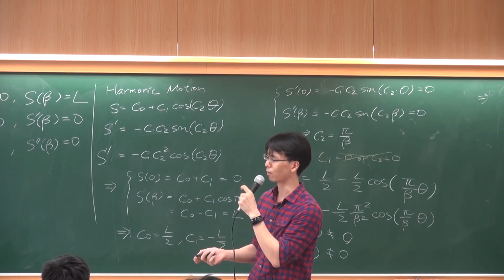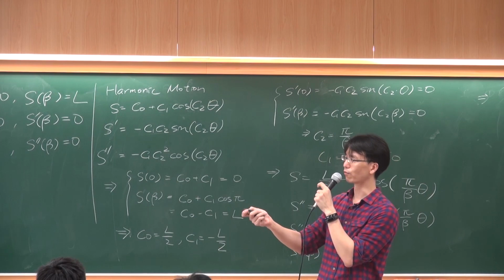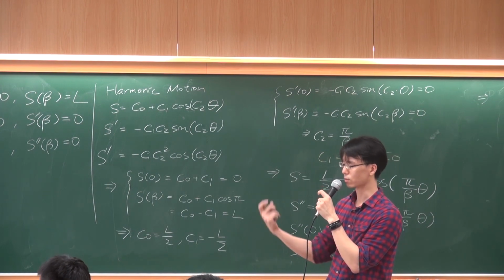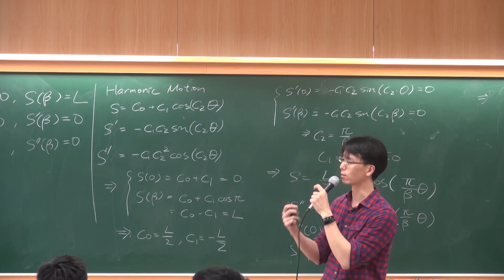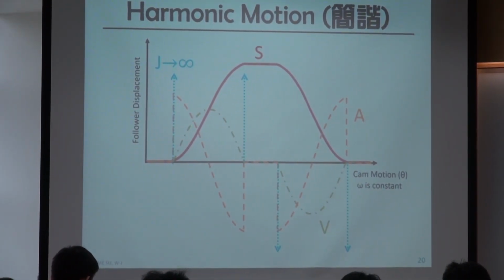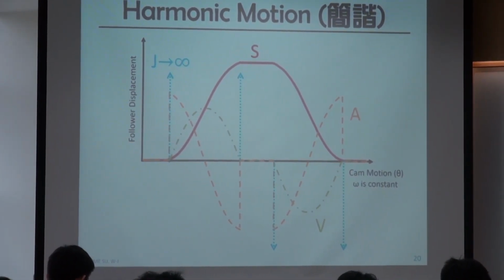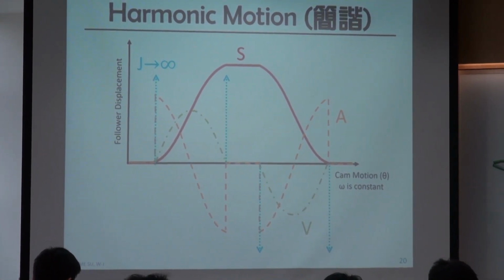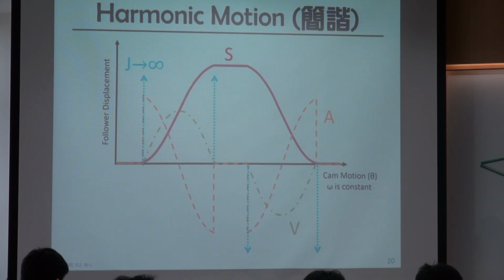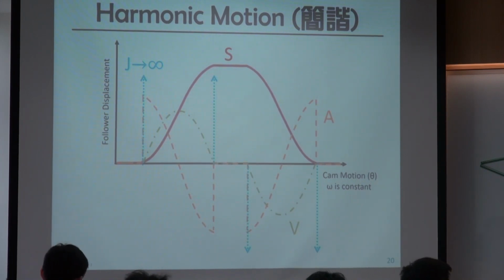It's similar to the previous one, we still get infinite jerk. So the condition right now is similar to the parabolic motion. Still get infinite jerk. And right now all of the unknowns are used, so we have no more unknowns to satisfy these two conditions.